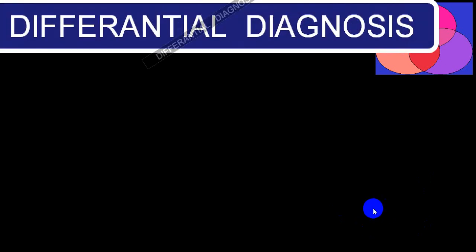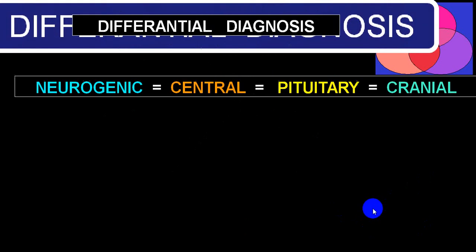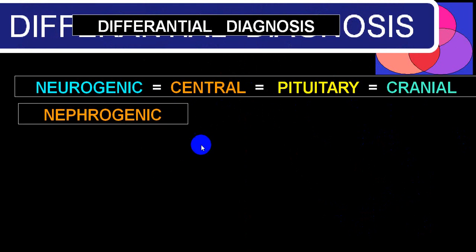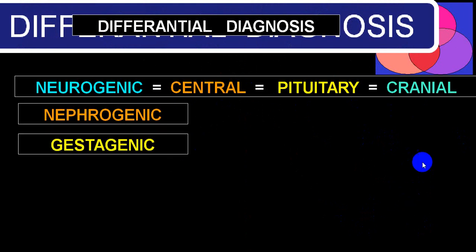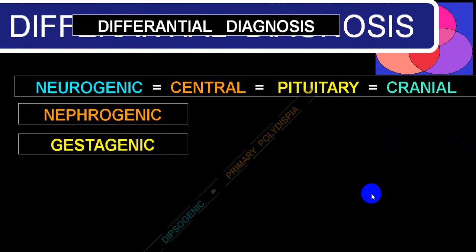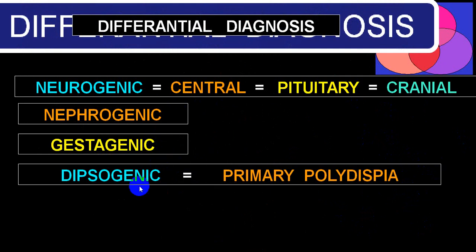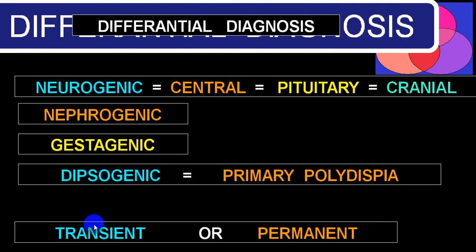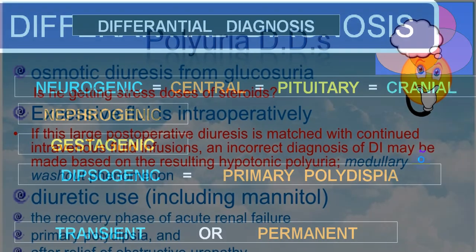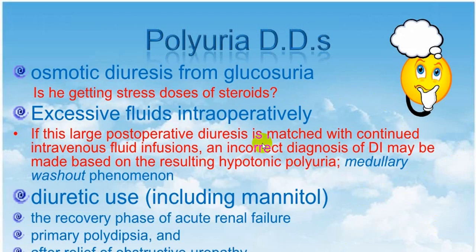You have to differentiate between all those four varieties, that is neurogenic or central we call, nephrogenic variety, gestagenic because this will occur only during pregnancy, and dipsogenic primary polydipsia, whether it is transient or whether it is permanent. So always differentiate.